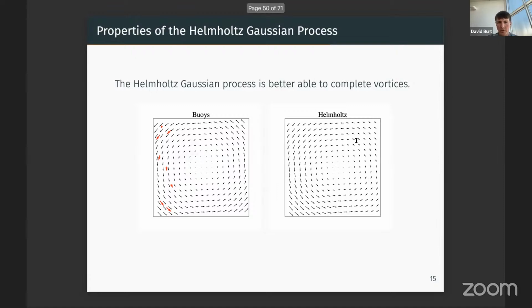Now using the Helmholtz GP, we get a much better ability to complete vortices. The Helmholtz GP is able to recognize that the field is rotational and extrapolate a bit better, in distances not too far from the buoys.